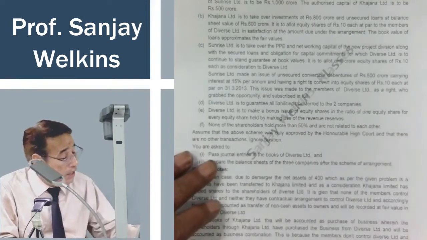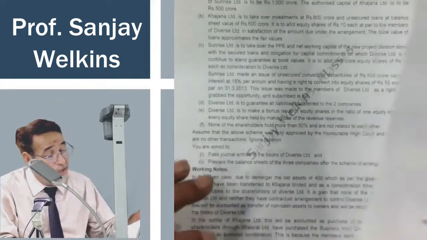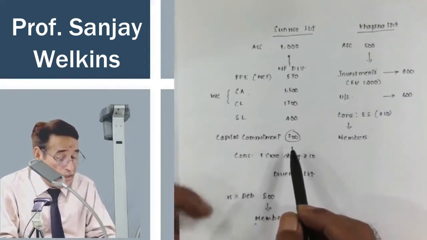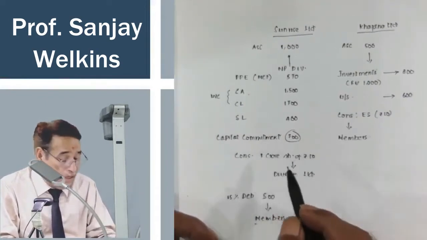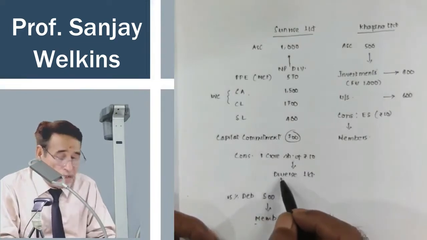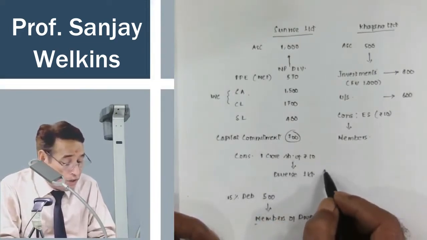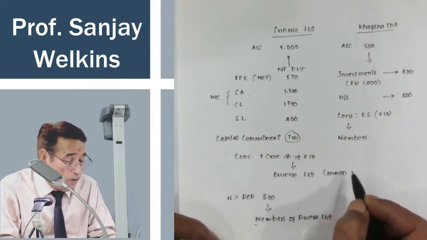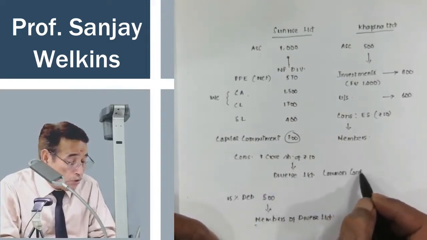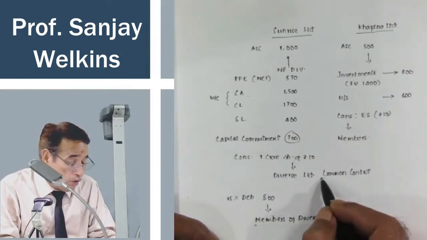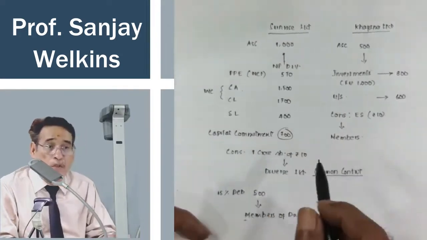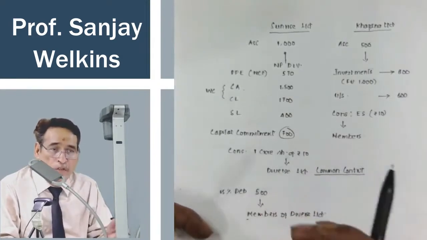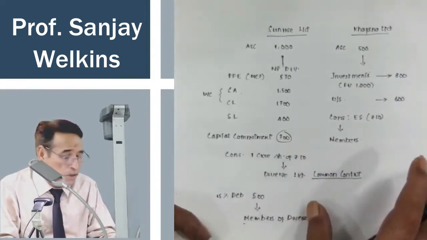It means, as far as Sunrise Limited is concerned, that is not a big issue, because here Sunrise Limited is giving the consideration to the demerged entity, so it is quite obviously a case of common control. Here we don't have any doubt, and we need not put in much effort to know whether it is a case of common control or not, because consideration is given to Diverse Limited. It is a case of common control.